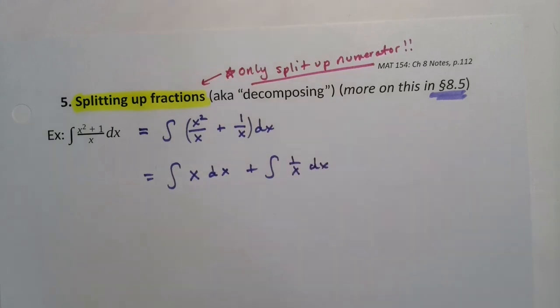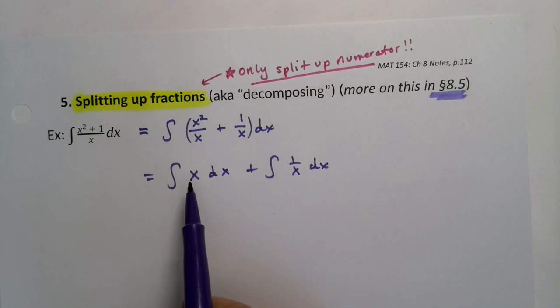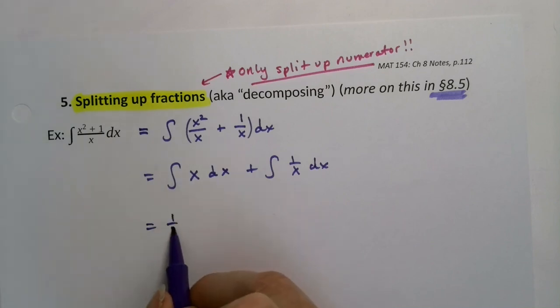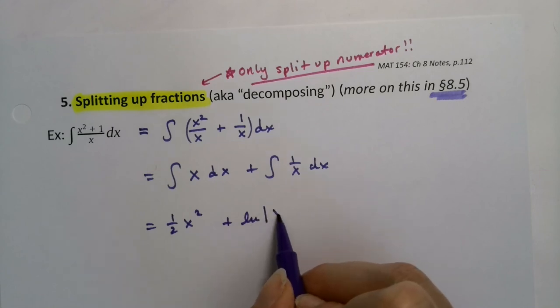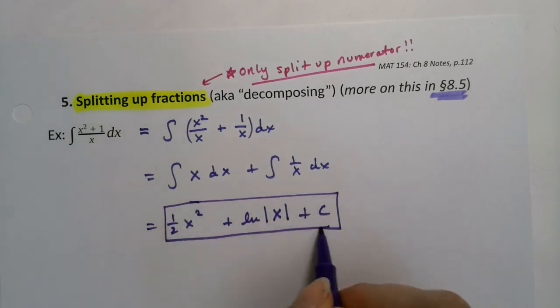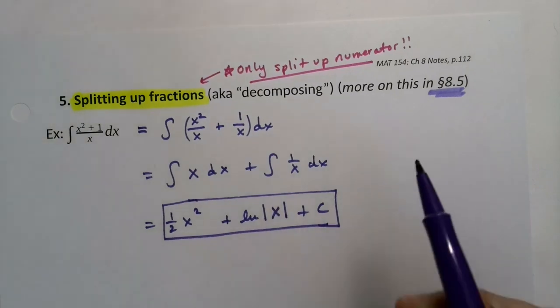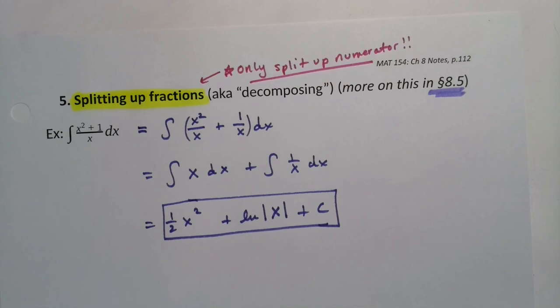It's no big deal. I've split up my fraction, right? That's the important part. So this part right here is a half x squared, and this part is the natural log of absolute value of x, and you're done, right? You split up the numerator. You can only do it when there's addition or subtraction in that numerator.